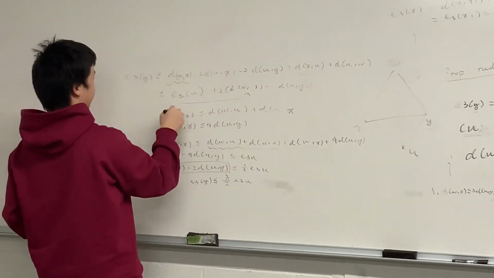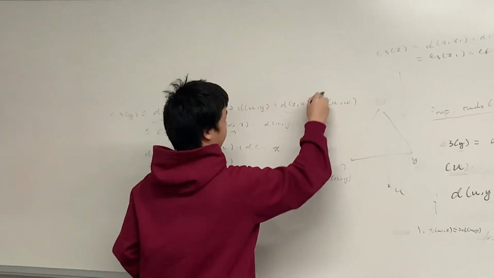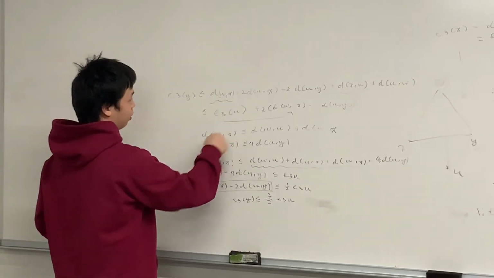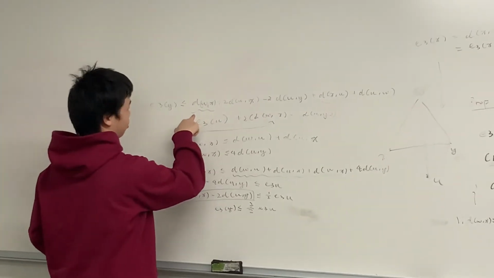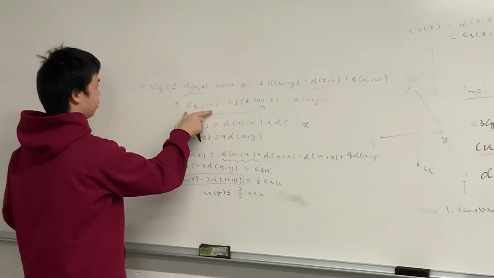And we could find that this part, dwx plus dxu plus duw, equals the eccentricity 3 of u. So just by substituting it into eccentricity 3 of u, we could get this equation.